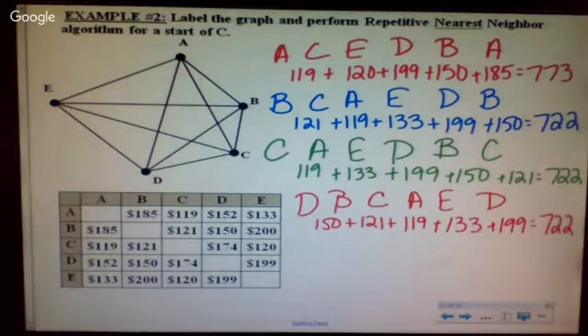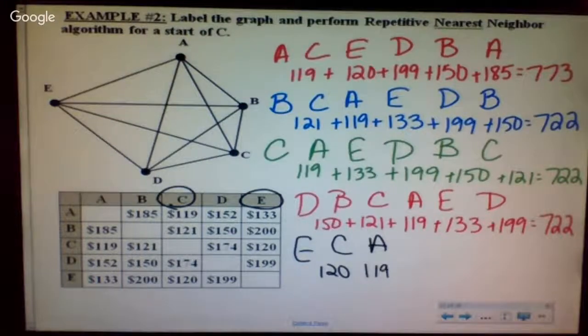So my last one. We're going to start at E. From E, my first stop is C. Good. 120. I'm now at C. A, 119. And then you go to E. Careful.